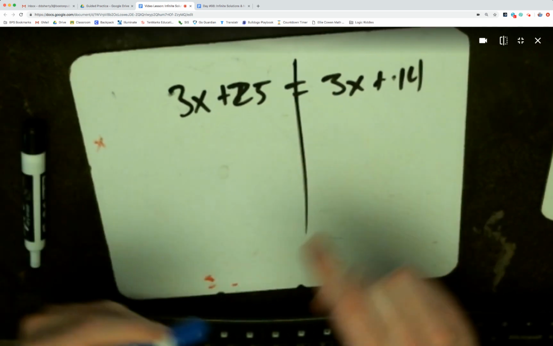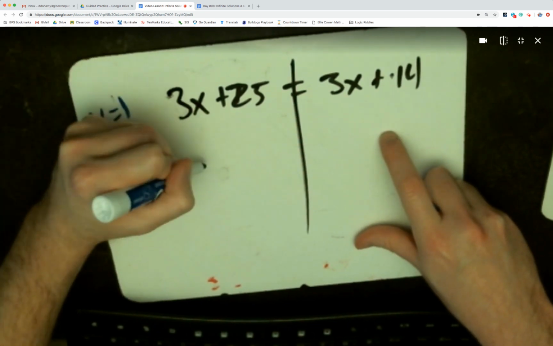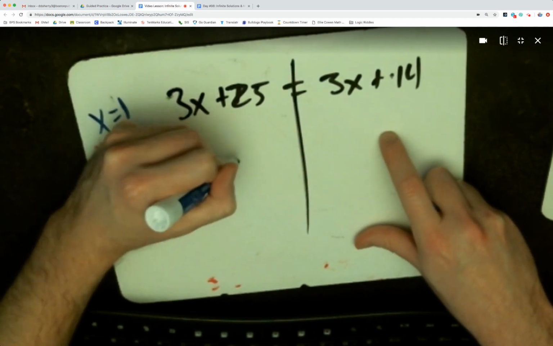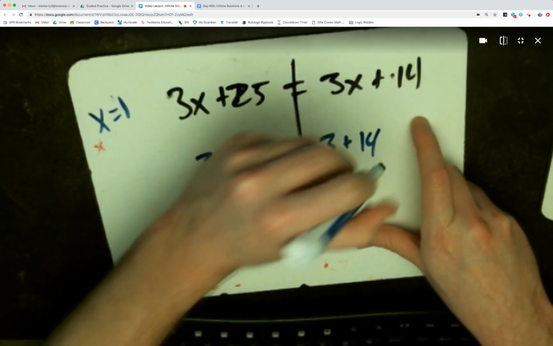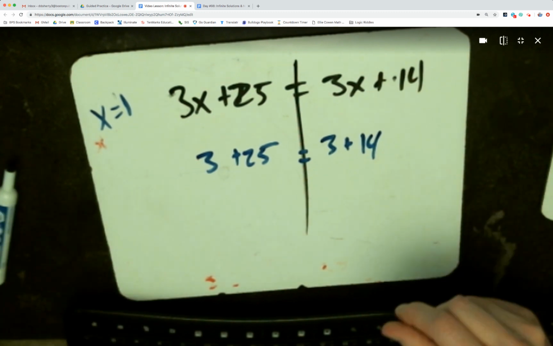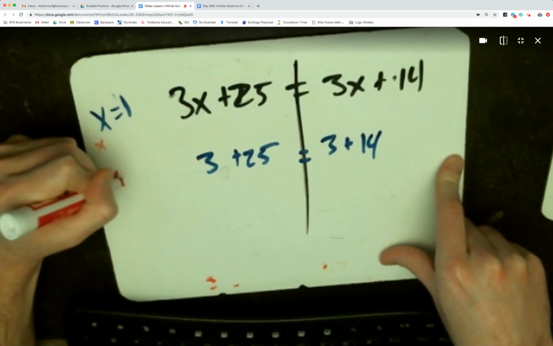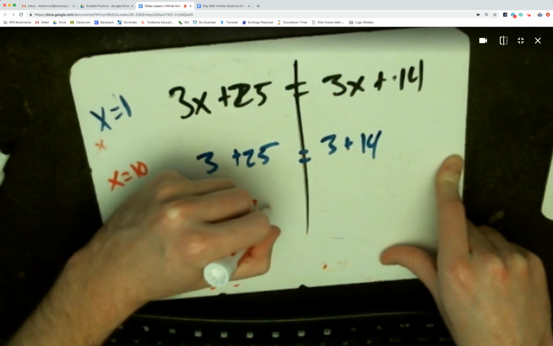So if x were equal to 1, I would have 3 times 1, that's just 3, plus 25, and that's never going to equal 3 plus 14 because this side gets 11 more added than that side. Same thing if I pick x equal to 10: 3 times 10 is 30, so I get 30 plus 25.